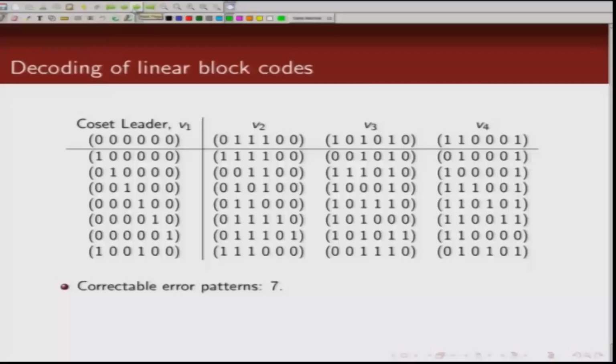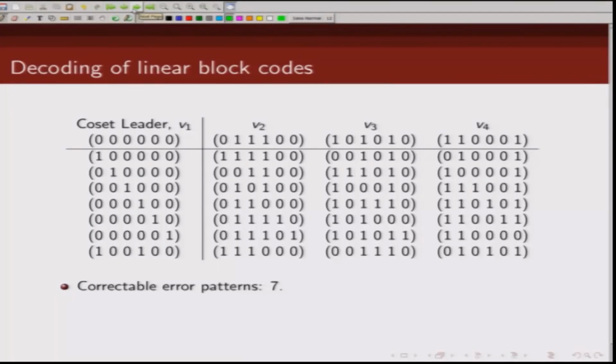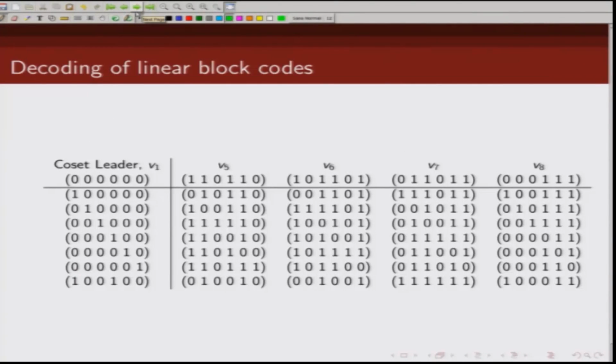The first row of the standard array will be a set of code words. You are already given the generator matrix, so you can generate the set of code words. The leftmost entry in the first row, which is the row of code words, should be the all-zero code word, and then you can place the other code words in any order. Now, I could not fit all the columns in one slide, so I have V1 to V4 in this slide, and next I have V5 to V8 in the next slide.